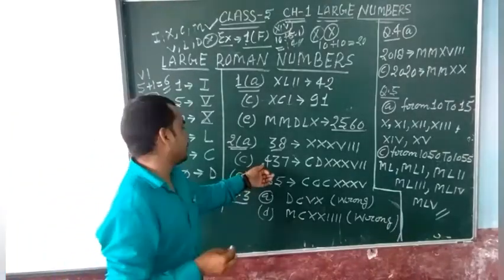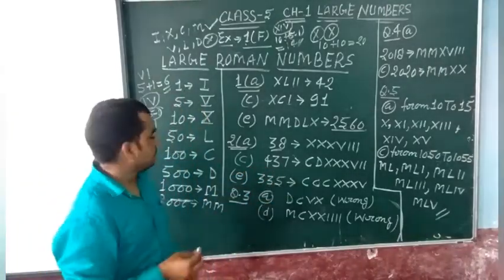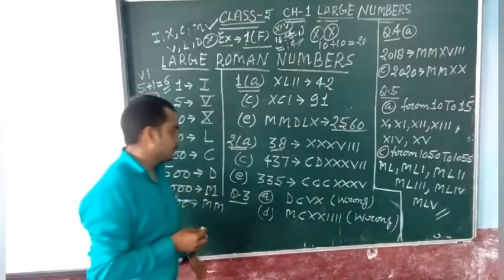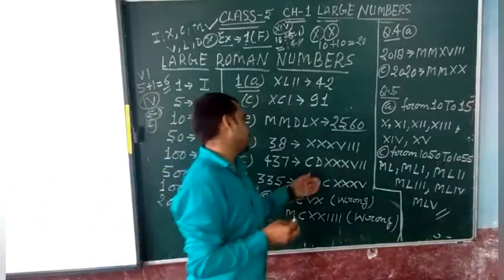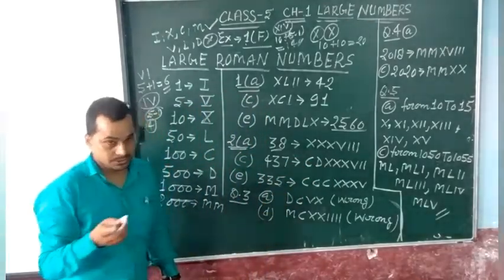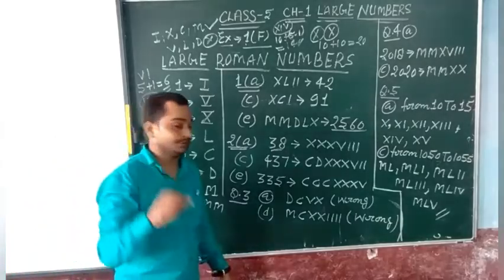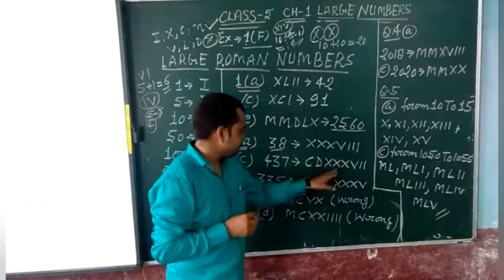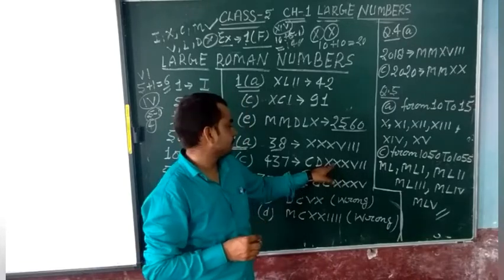Next number is 437. D is for 500, and if we write C to the left of D, we have CD. That means 500 minus 100, that is 400, and 37.